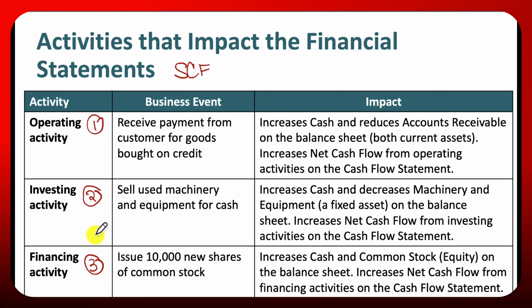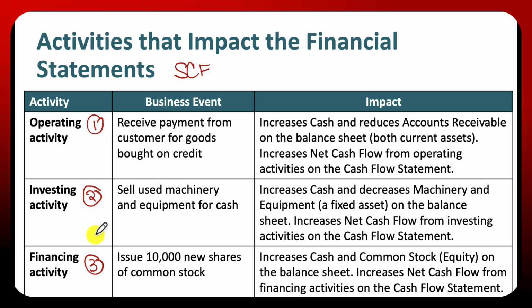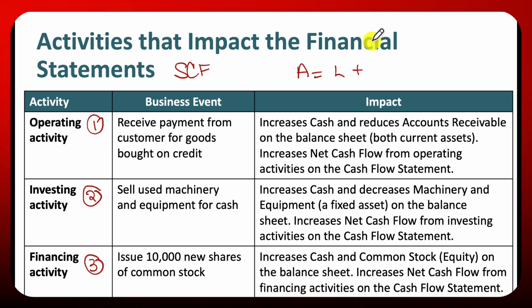So the impact is that these cash receipts would increase cash and reduce the accounts receivable balance on the balance sheet, so both on the current asset side. And if we remember, the balance sheet is assets equal liabilities plus owner's equity, so this transaction would just affect the asset side. This increases net cash flows from operating activities on the cash flow statement.